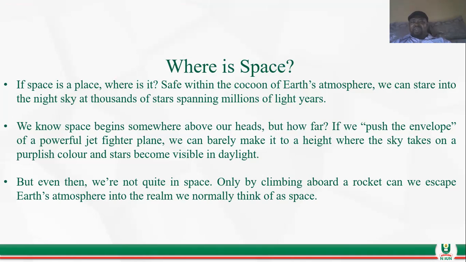If we do that, we have a velocity of approximately 11 kilometers per second. That is the speed we must acquire to leave the surface of the Earth, and that is the speed of rockets. That is what they use to escape into outer space.